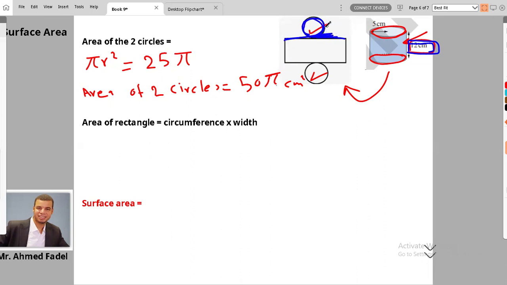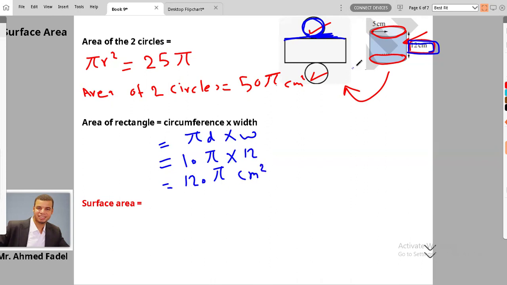So let's find the circumference of the circle, which is actually pi d. So area of rectangle is pi d times w. What is pi d? Well, the radius is 5, so the diameter is 10. So it's going to be 10 pi times the width, which is 12, equals 120 pi. This is the area of the rectangle.